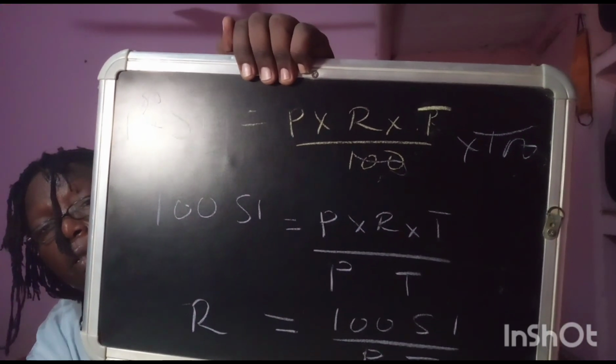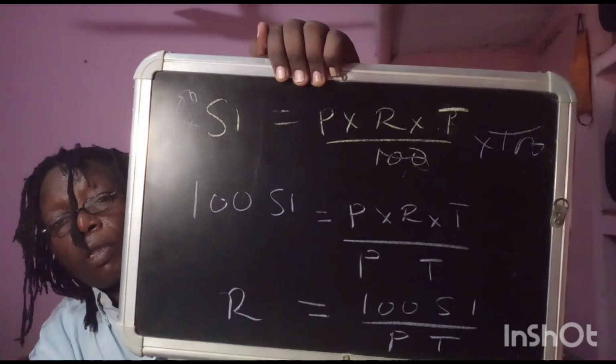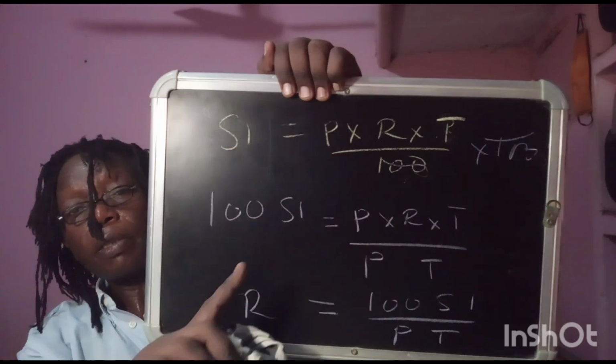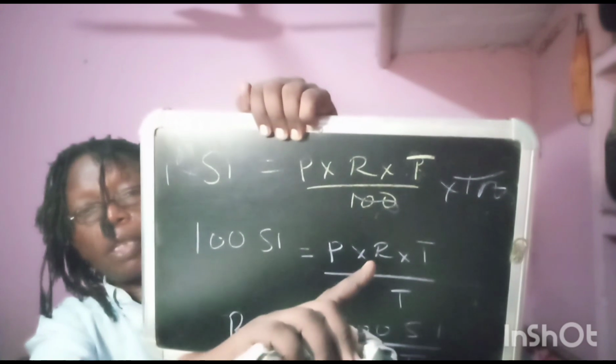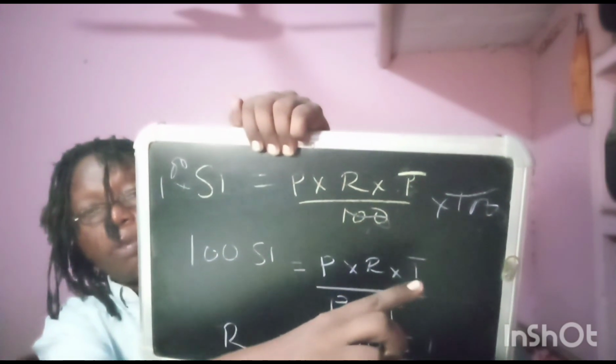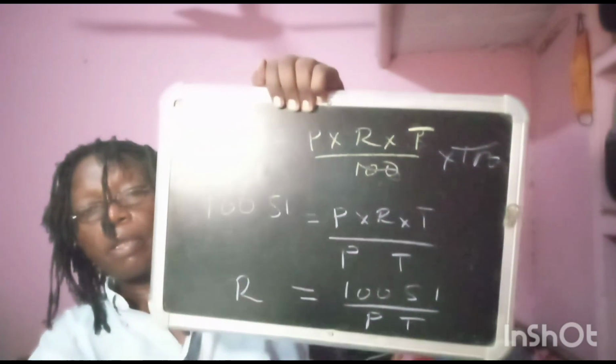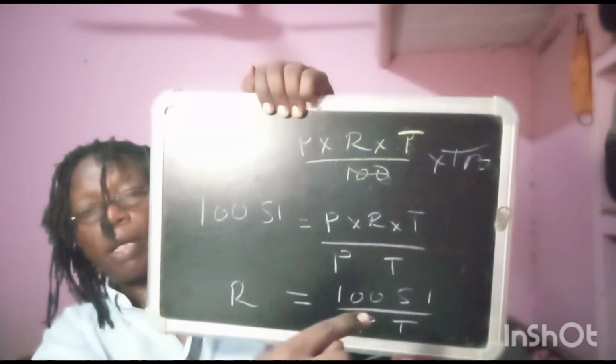In the second stage you now want to isolate the R, so you divide by principal and time, and you get this one. Now you're going to plug in the figures and you get the answer. So let's do that.